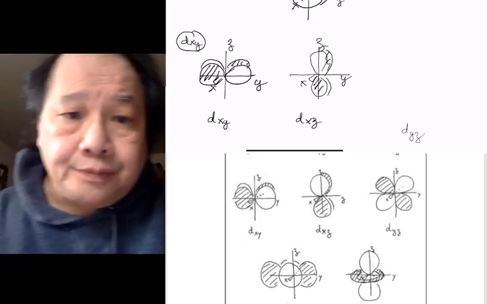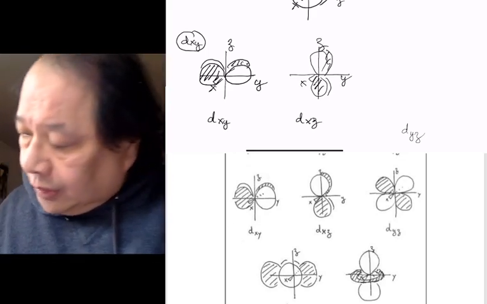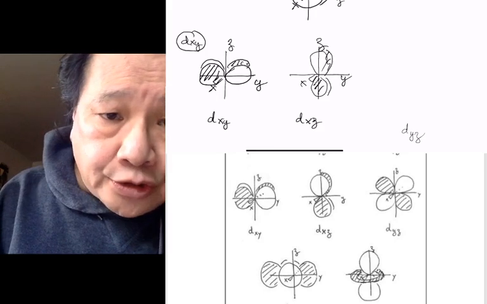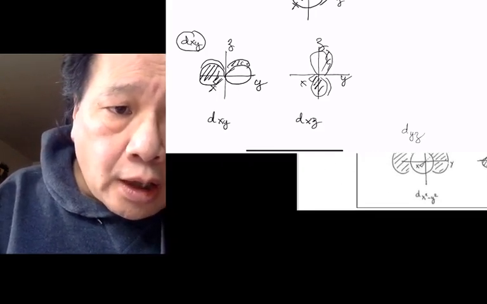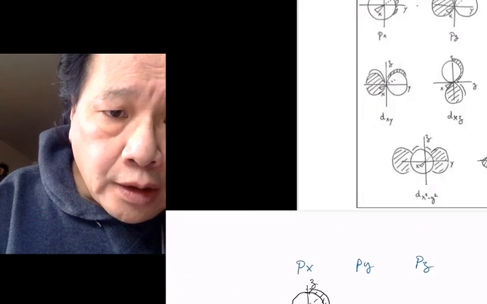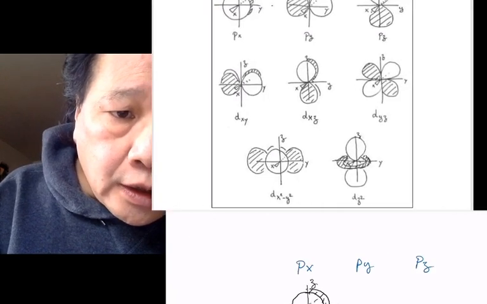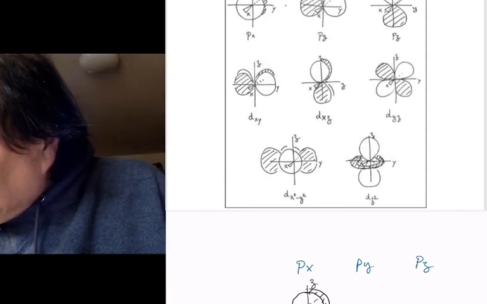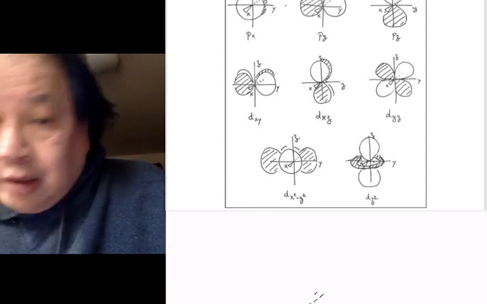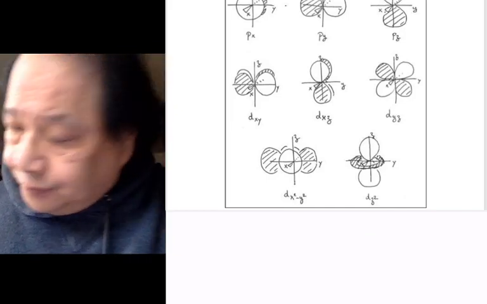It's shaded behind. And finally, we have to look at these last 2 orbitals, which I will put over here, which are the dx squared minus y squared and the dz squared.